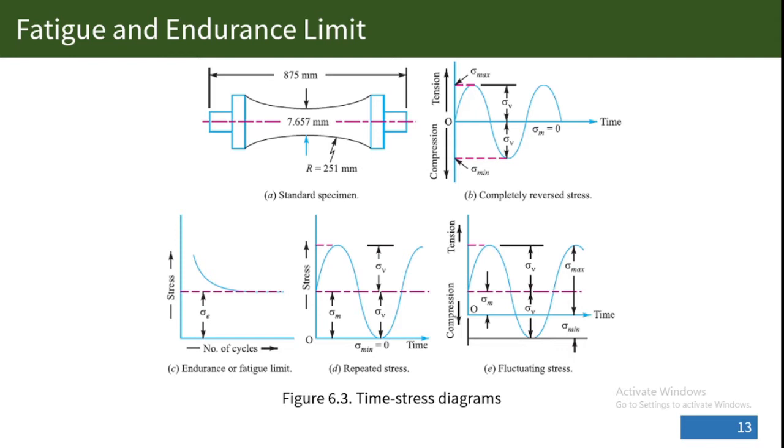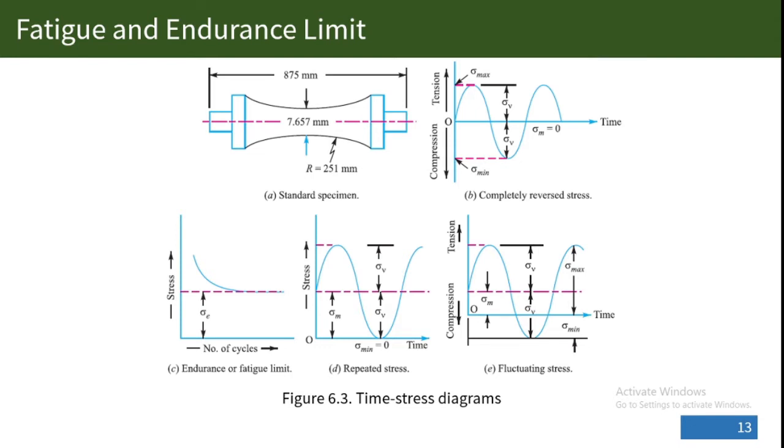In other words, the specimen is subjected to a completely reversed stress cycle. So this is represented by a time stress diagram as shown in 6.3b. Right? And the record is kept of the number of cycles required to produce failure at a given stress.